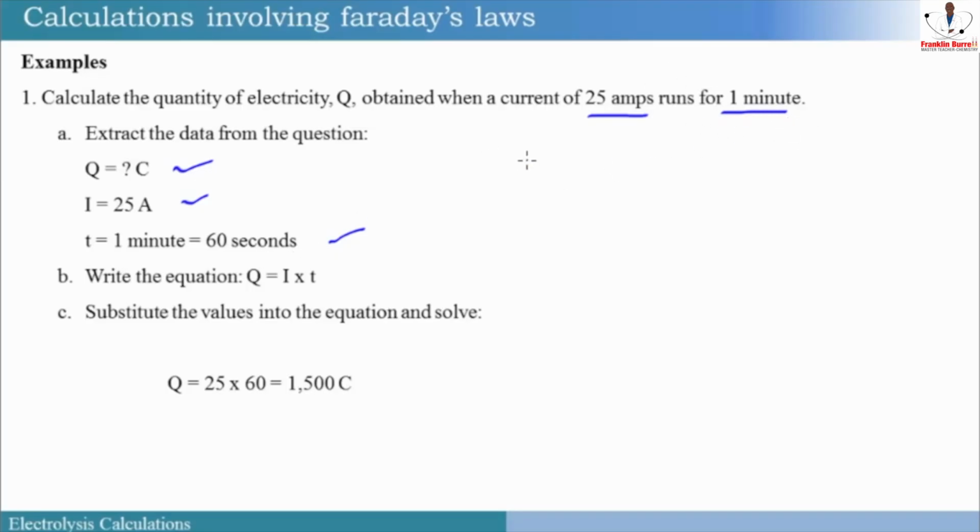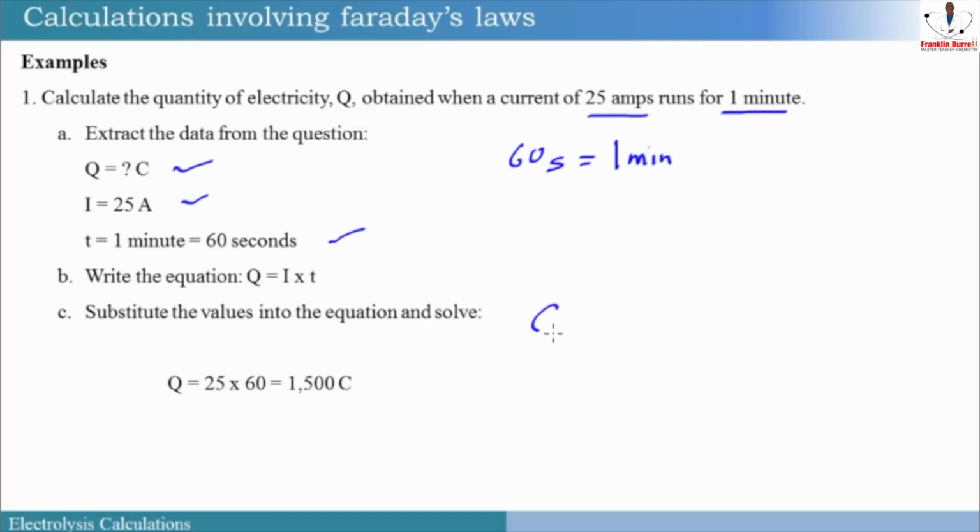So what do we need to know? We need to know that 60 seconds is equal to 1 minute. And so, in this case, since I have 1 minute, it is really 60 seconds. So from our formula, Q equal IT, we can put in the information we have and do our calculation. So we have 25 amperes, that's our current.